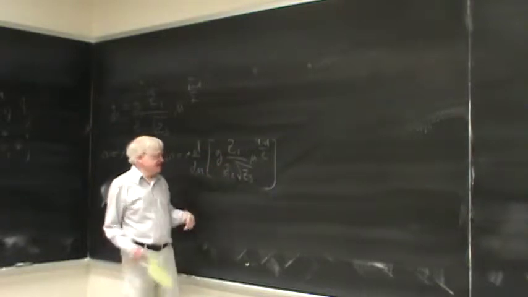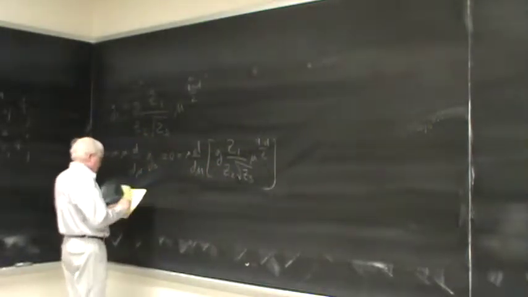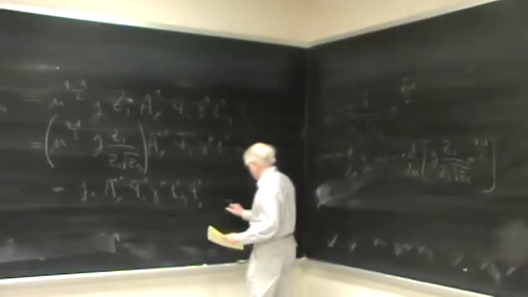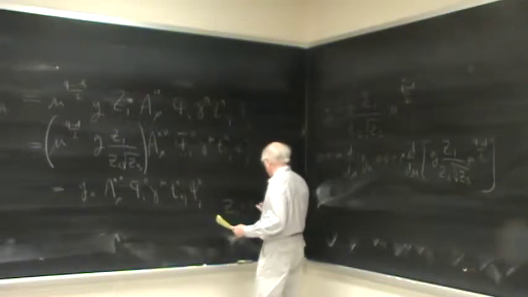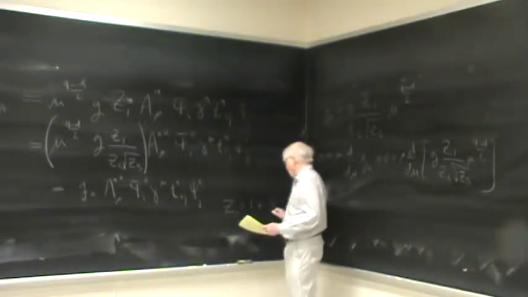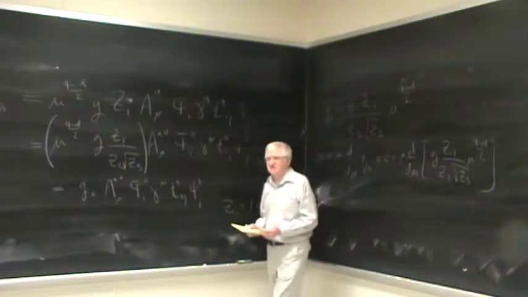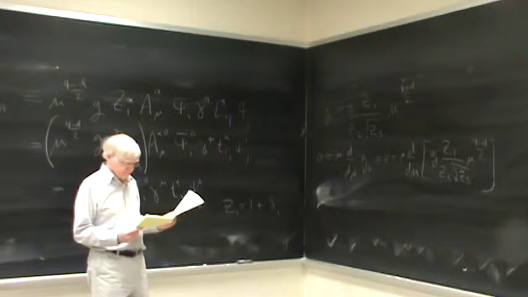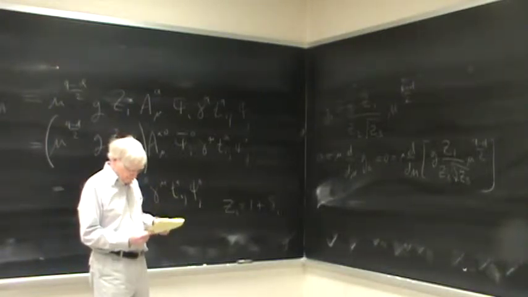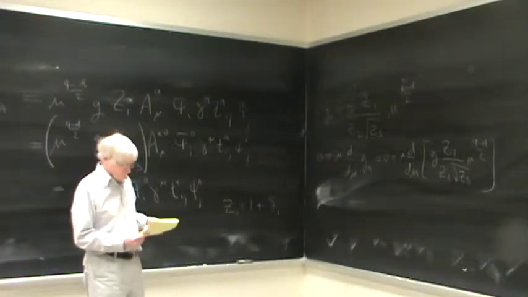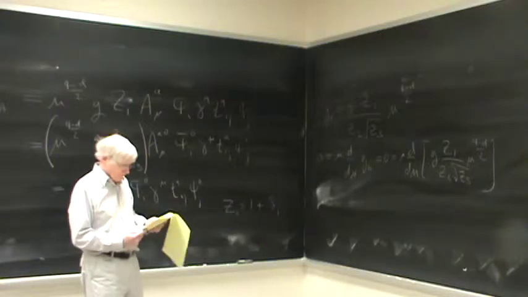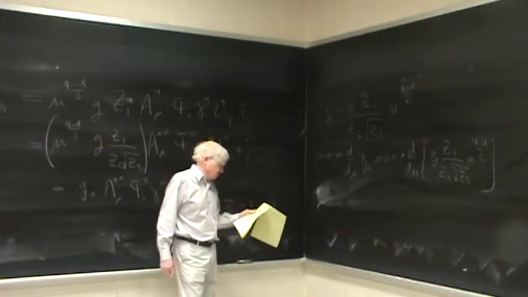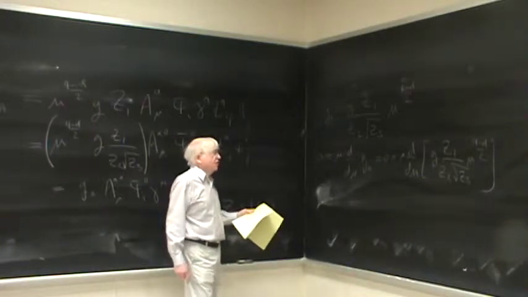So each of the Z's takes this form: Z_i is 1 plus some delta_i, and we're imagining that delta_i is maybe 1 over epsilon, something like that, maybe 1 over 10 actually.